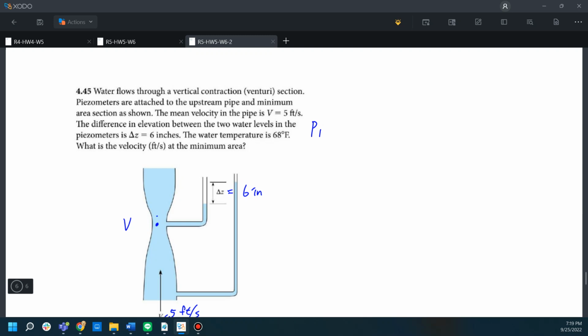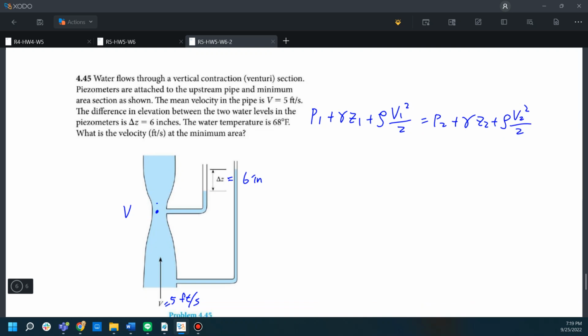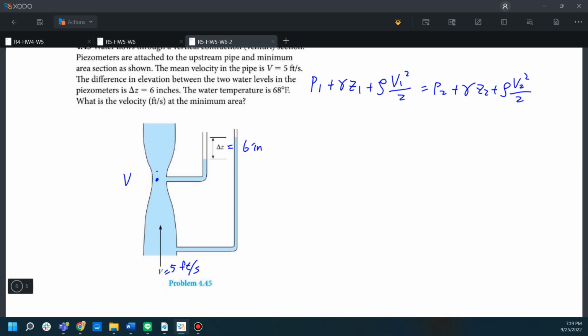P1 plus gamma Z1 plus rho V1 squared divided by 2 equals P2 plus gamma Z2 plus rho V2 squared divided by 2. And again, we will define the 2 points for comparison.